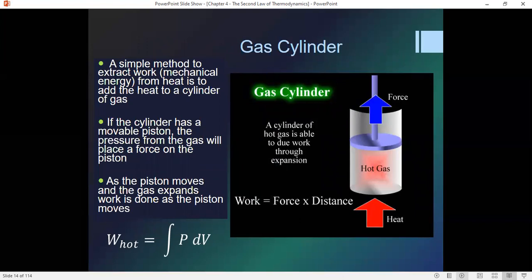So again, let's take a look at a typical heat engine and see how we're going to do this. We know when gas expands, work is being done on the environment. When gas is compressed, the environment is doing work on the gas.